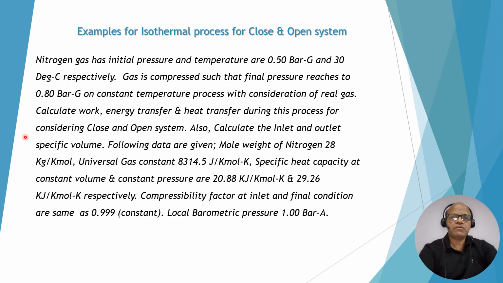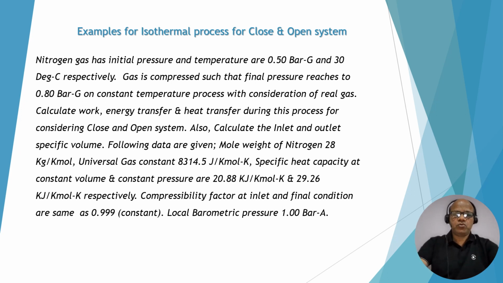Now let's understand the isothermal process for closed and open systems with an example. Nitrogen gas has initial pressure and temperature of 0.5 bar gauge and 30 degrees Celsius respectively. The gas is compressed such that the final pressure reaches 2.8 bar gauge in a constant temperature process, with consideration of real gas. Calculate work, energy transfer and heat transfer during this process, considering closed and open systems. Also calculate the inlet and outlet specific volume.